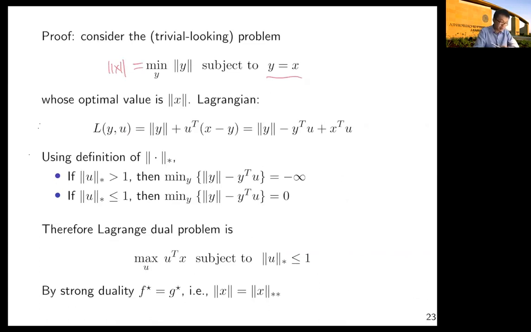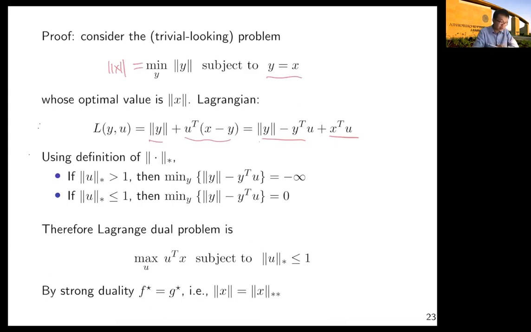Now let's apply the same machinery that we've been using in the beginning part of this lecture and construct the Lagrangian. So we get this, we move y to the other side, and then add this Lagrange multiplier variable u with u transpose (x minus y), and then we can decompose the terms to get these.